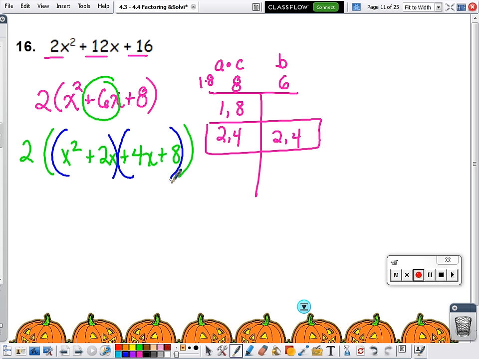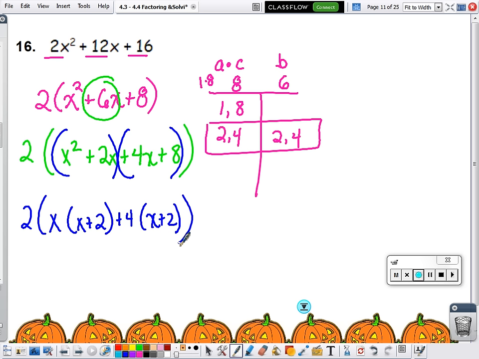I'm going to go ahead and bring this 2 down again, but then I'm going to look at my GCF for my first 2 terms, x squared plus 2x. So I'm going to factor out an x, and I'm left with x plus 2. Looking at my second 2 terms, I have 4x plus 8. I'm going to factor out a positive 4, and I'm left with x plus 2.